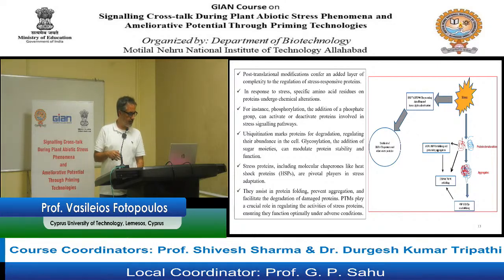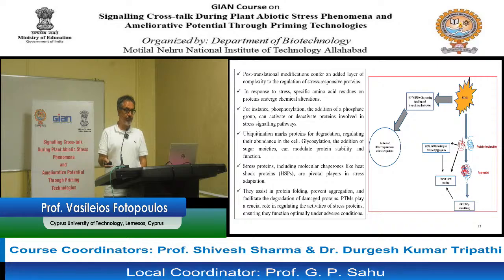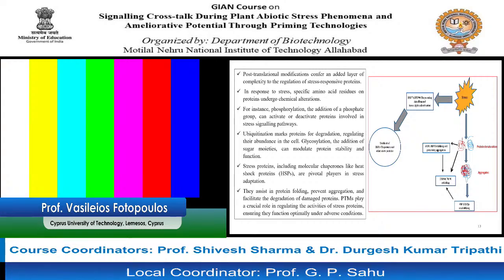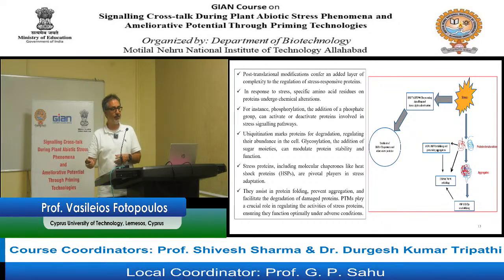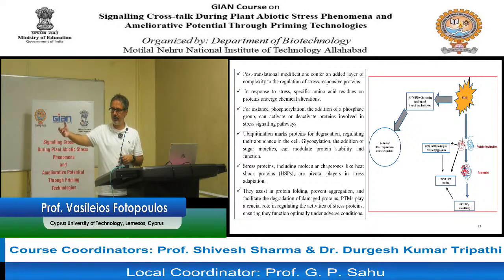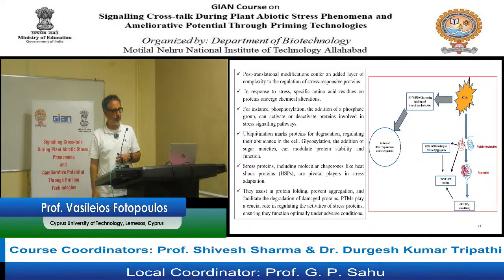And stress proteins, including molecular chaperones like the HSPs that I mentioned earlier, can actually act as pivotal players in this stress adaptation. So they assist, of course, also in protein folding, they prevent aggregation, and they facilitate the degradation of the damaged proteins. So the proteolytic element is also very important, because that way you can also get de novo synthesis of the free amino acids that can then be redistributed to create new, functional proteins.